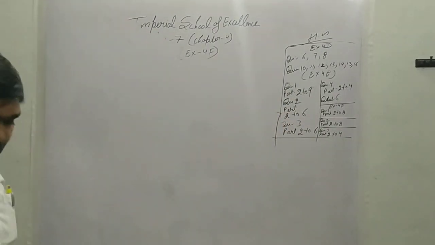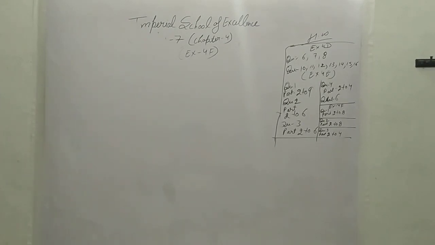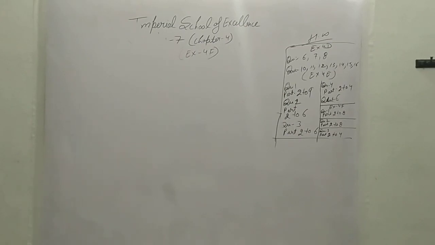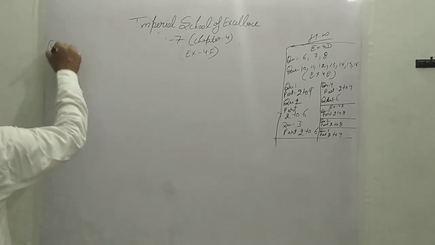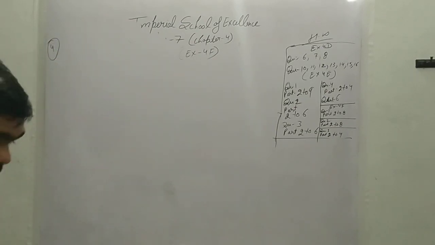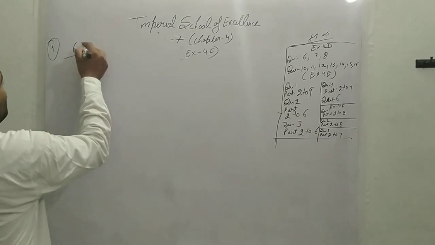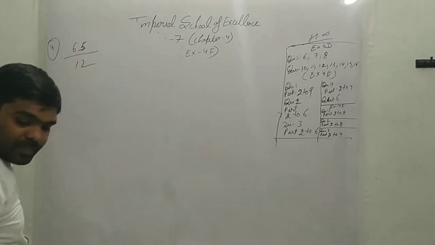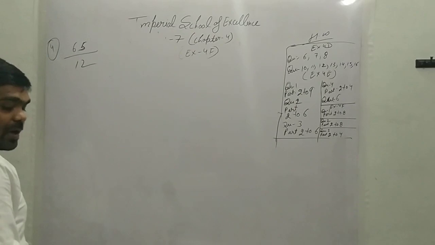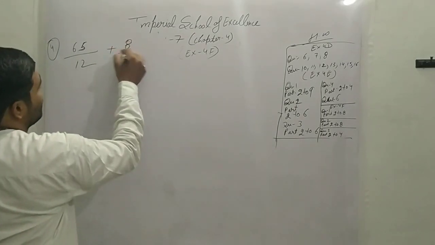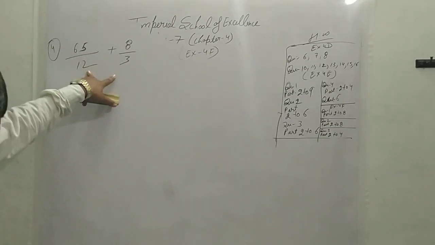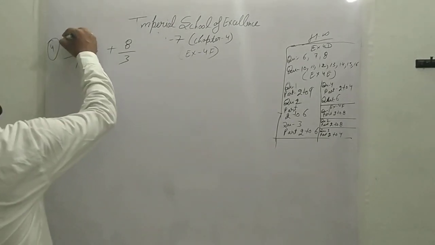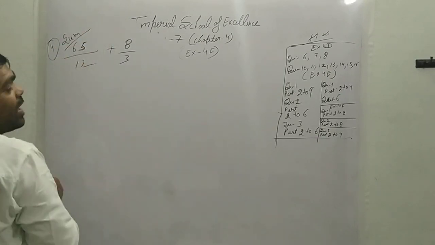Now question number 4 is given here. Divide the sum of 65/12 and 8/3 by the difference of 65/12 and 8/3. First I am finding out the sum, meaning addition.